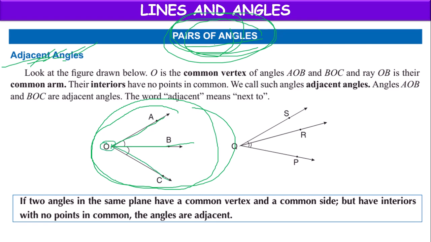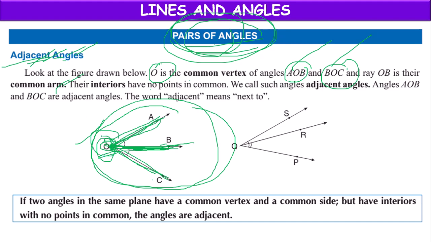Their common initial point is O. If we consider angle AOB, O is the vertex of angle AOB, and if we consider BOC, O is also the vertex of angle BOC. So O is the common vertex of both angles, and OB is the common arm in both the angles.